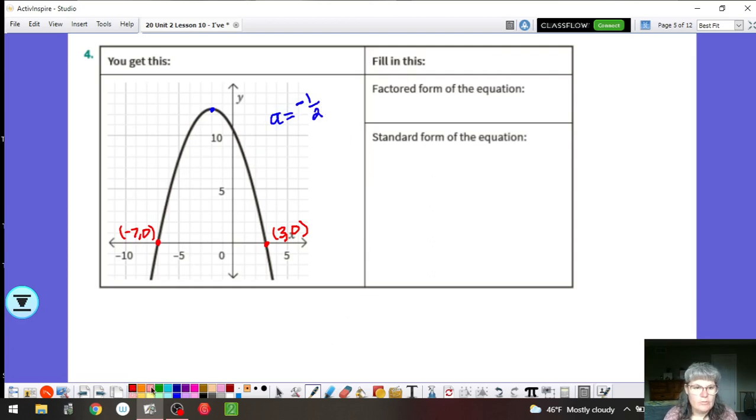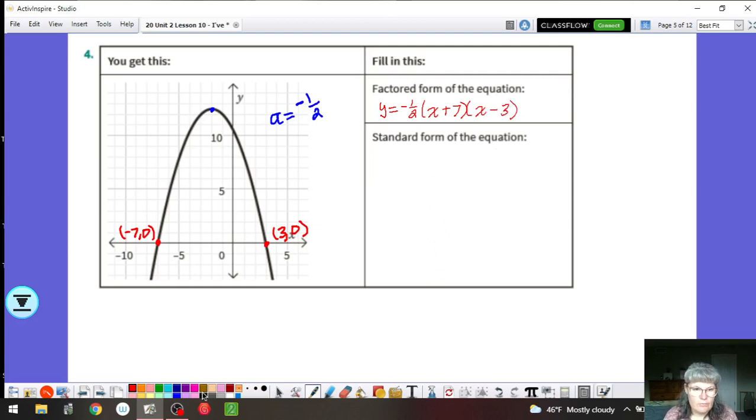So our factored form is going to be y equals, the A value is -1/2, x plus 7, remember it has to be opposite of what the point is on the graph, times x minus 3.